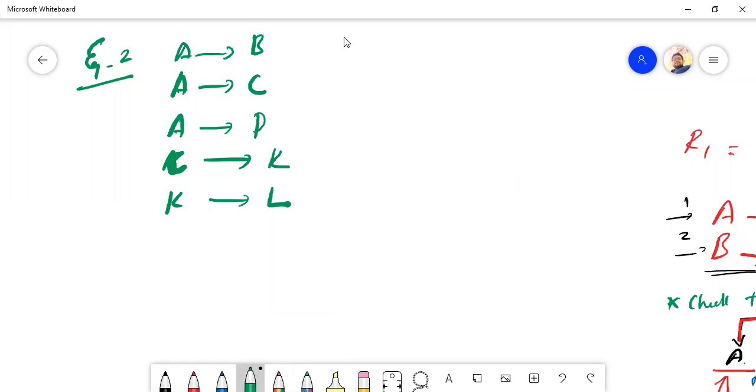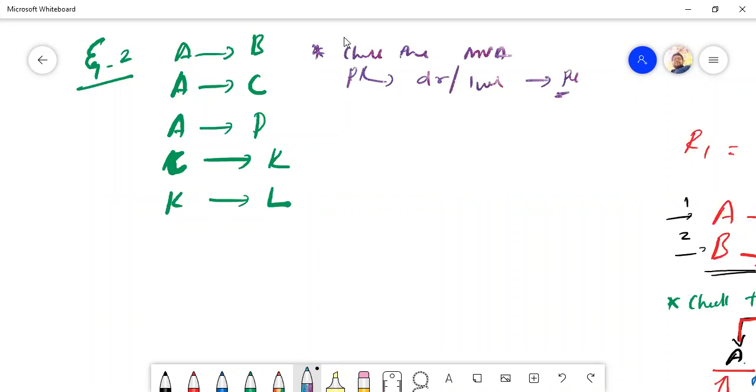If I want to check whether this is 1NF, I need to check the multi-value attributes, and whether all the attributes directly or indirectly depend on the primary key. Before that, if we write all these things, it is easy.